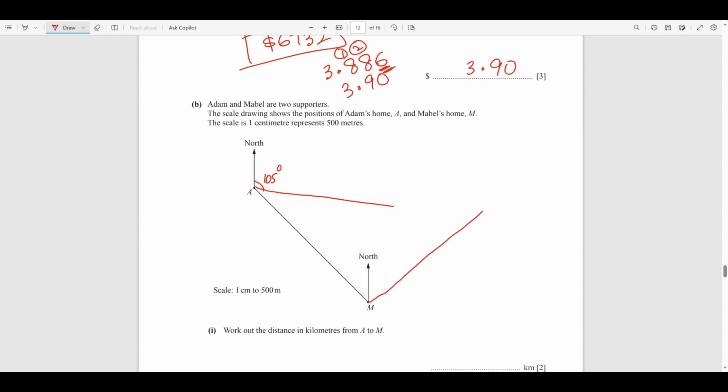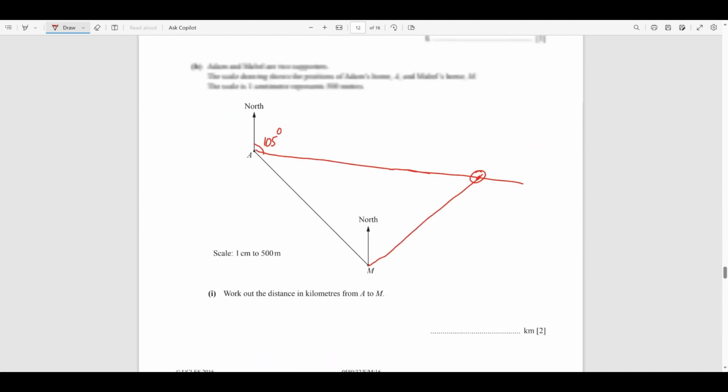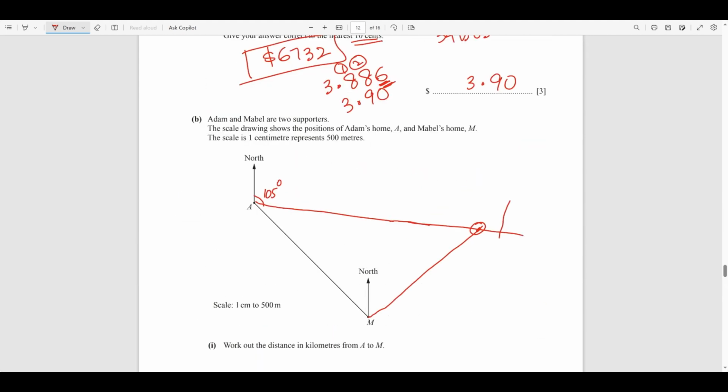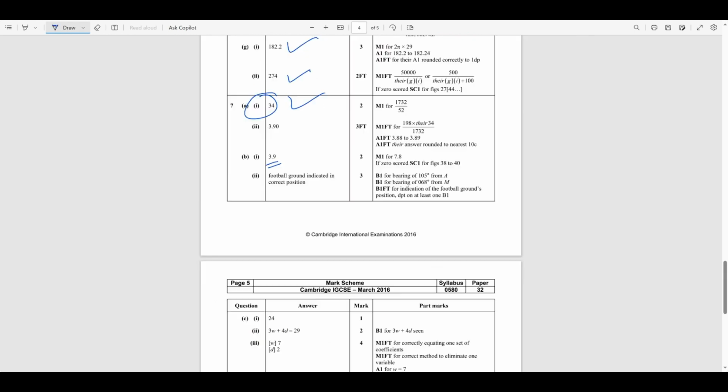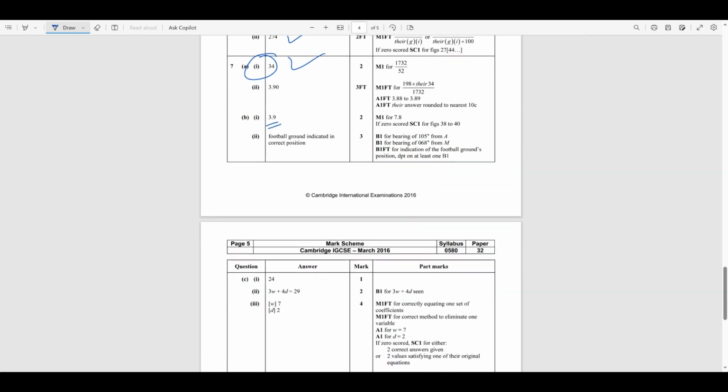And then we are going to connect these, and this is the point where the football ground could be. Mark the position. So yeah, I think we should remove this. It's just still here. So indicated in the correct position, right? For that, you'll have to trust me on that.